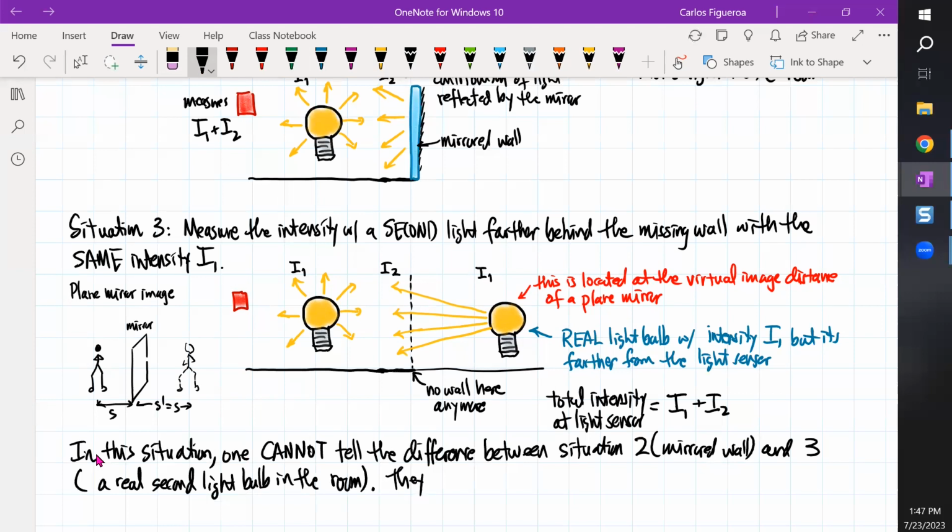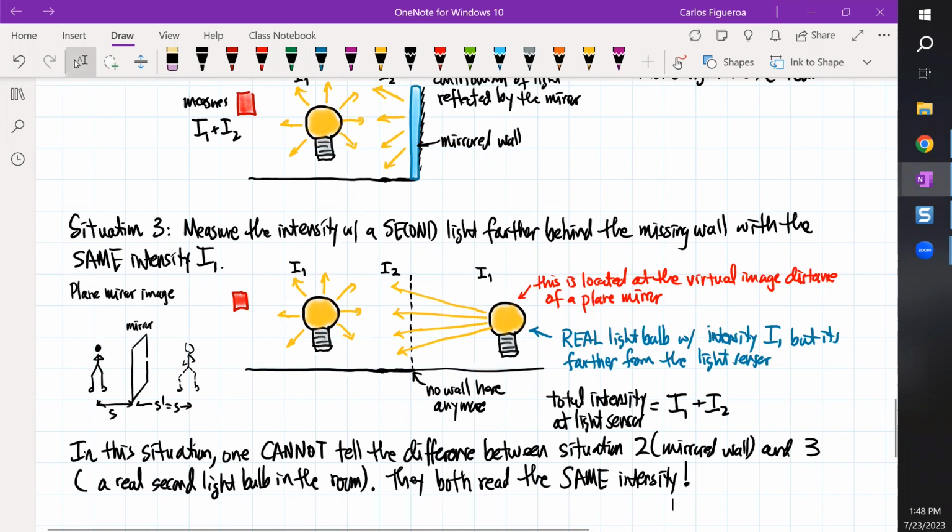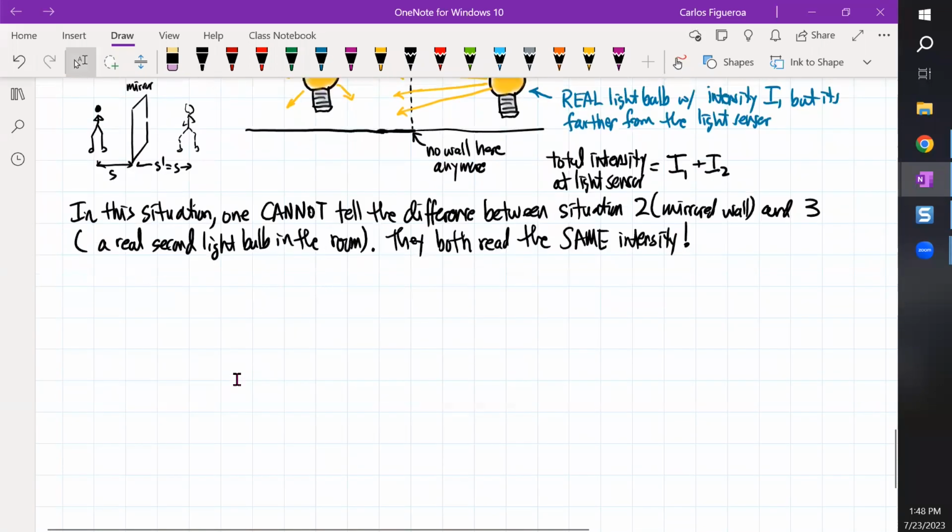They both read the same intensity. That is crazy. That is a really, really crazy statement.